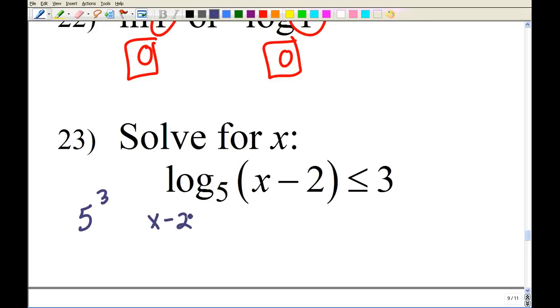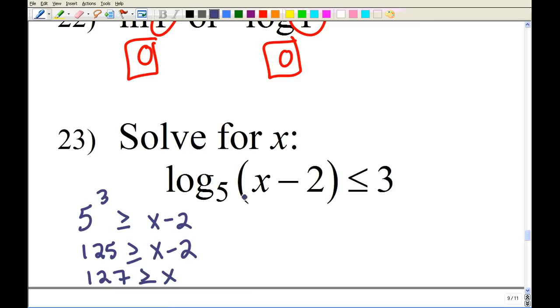But since we are switching from log form to exponential form, that's the inverse, so I need to change the direction of the sign. 5 cubed is 125. And then if I add 2 to both sides, I'll get 127 is greater than or equal to x.